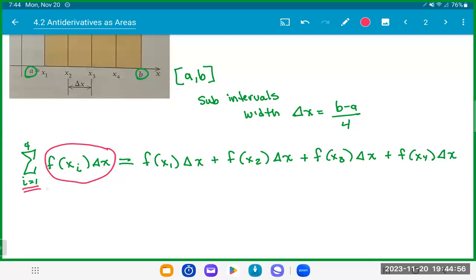Everywhere I see i, I replace it. So I have f of x1 delta x.